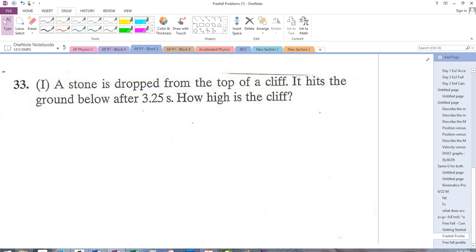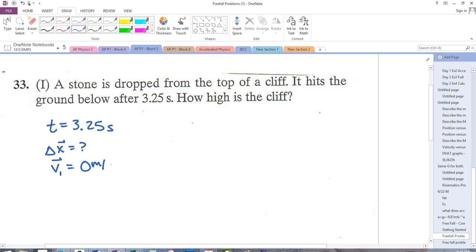Right, then the ground is pushing. You know time. You know the initial velocity.